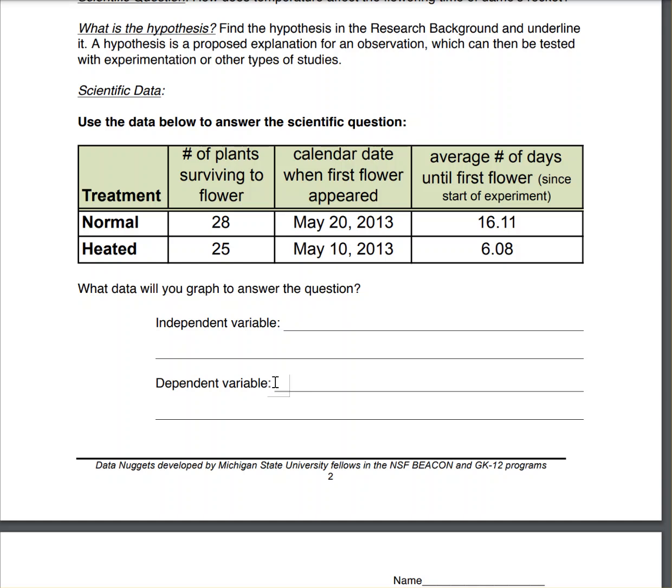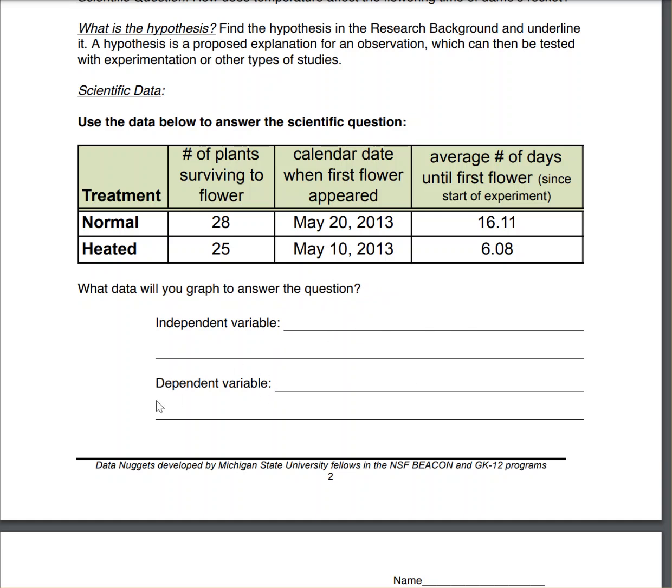So what was our hypothesis? Well, you should have it written down up here. It was, if I heat the plots, then the flowers will bloom faster, or however you worded that. If I add heat, then the flowers will appear sooner. All right, so if I add heat, so our independent variable is going to be heat, whether they're heated or not. So the temperature, right, is going to be our independent variable.